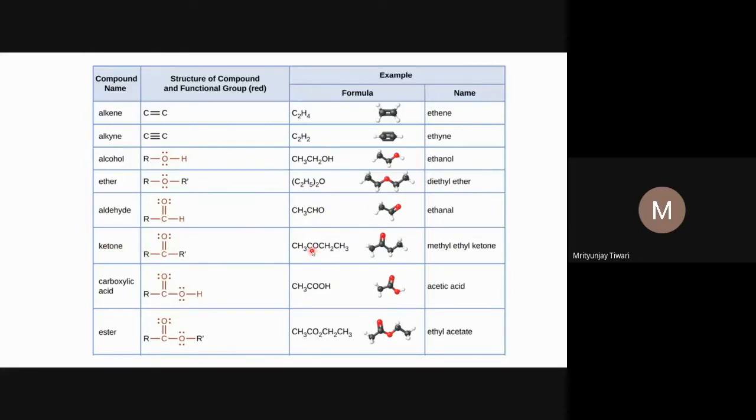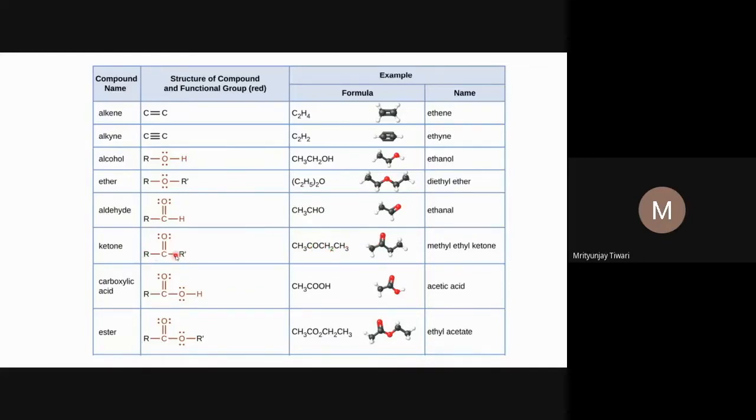Although we write C double bond of carbonyl this way, we know the tetravalency of carbon: this carbon is connected with a single bond to this carbon and a single bond to this carbon, so carbon should have a double bond with the oxygen. And we also know oxygen makes a double bond with a single atom if only one atom is there. So oxygen requires a double bond to complete its octet.